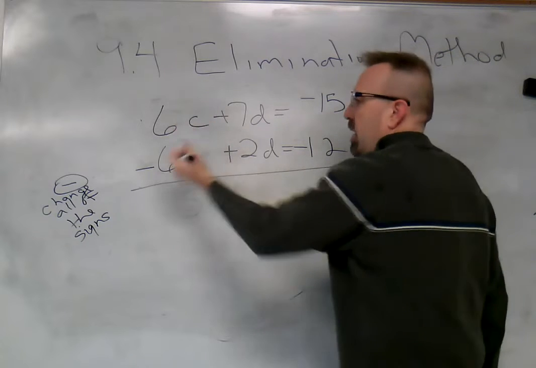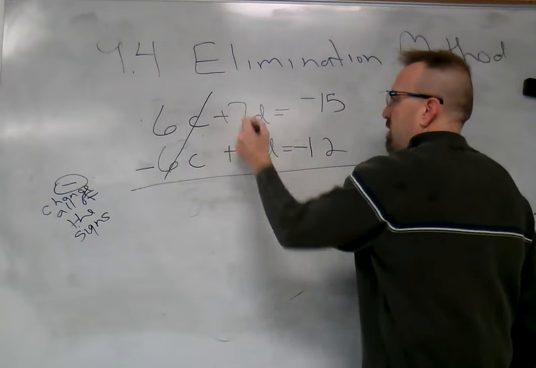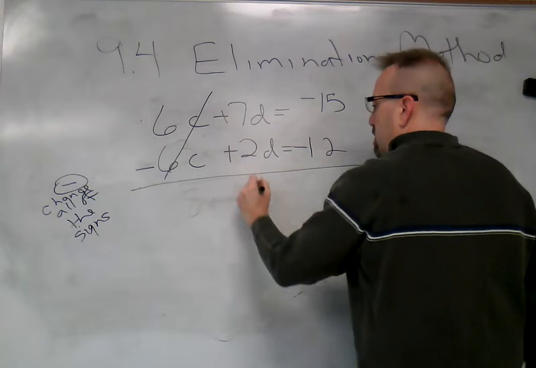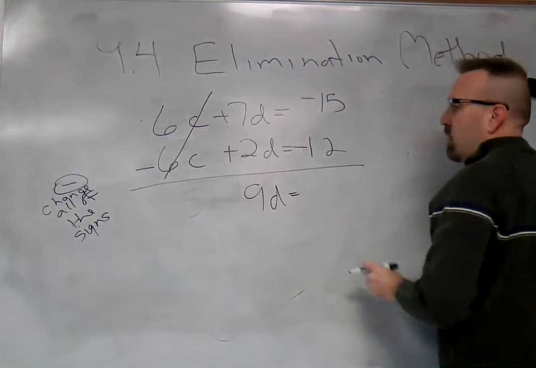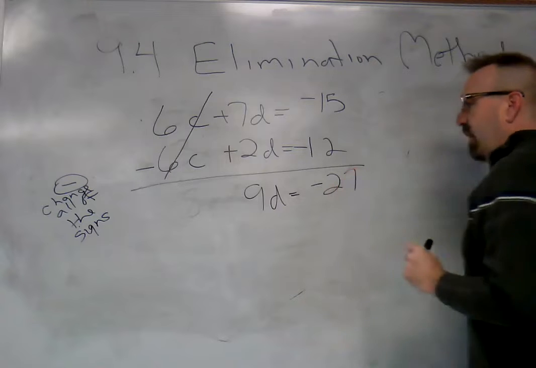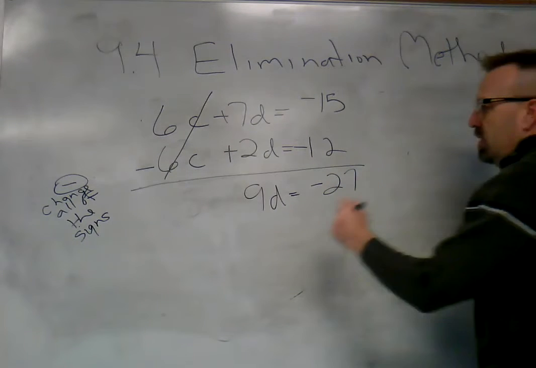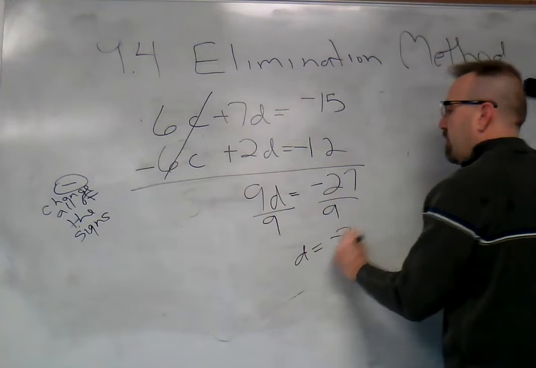Now, 6c minus 6c gives us 0. 7d plus 2d is 9d. Negative 15 and negative 12, they're the same signs so we add. Negative 27. Divide by 9, d equals negative 3.